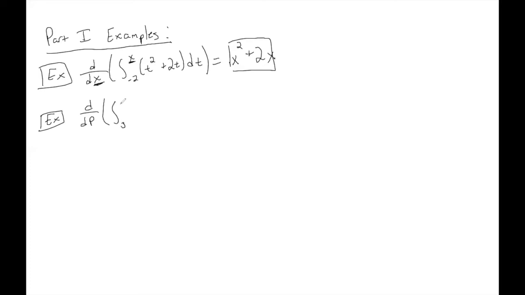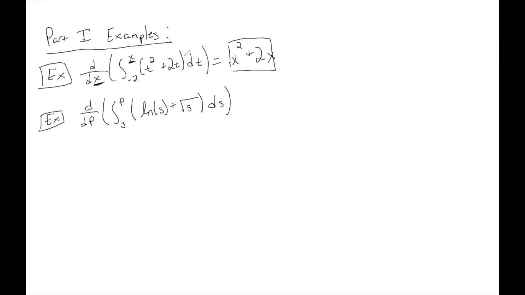Go from 3 to p of ln of s plus square root of s ds. It's not a 5, it's an s. Can't read my own writing. So notice that I can change the variables in here, I can change the variables out here, and it doesn't really change the problem. This t in here is just a dummy variable.